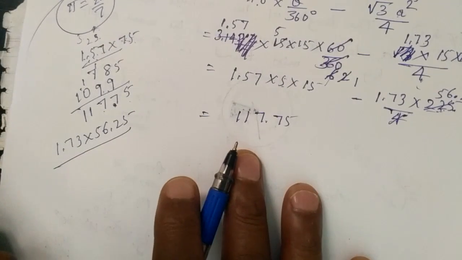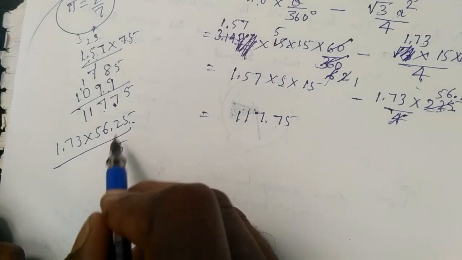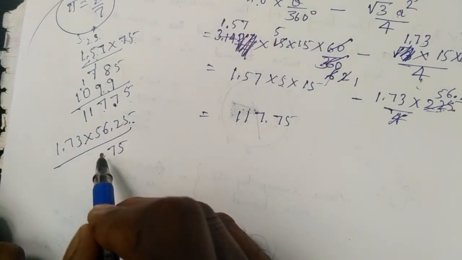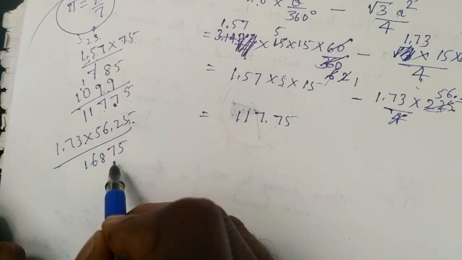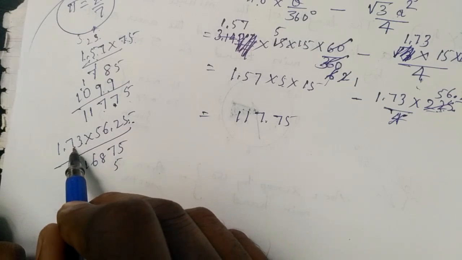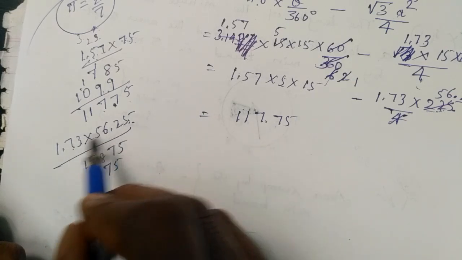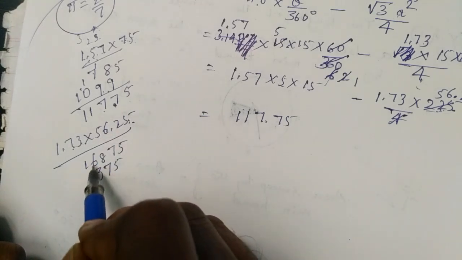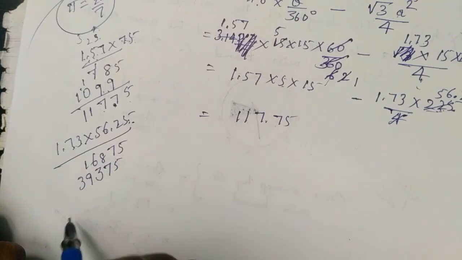56.25. We multiply: 3 5s are 15, 1 carry, 3 2s are 6, 7, 3 6s are 18, 1 is 16. Next 7 5s are 35, 3, 7 2s are 14, 17, 7 6s are 42, 43, 4, 35 plus 4 is 39.